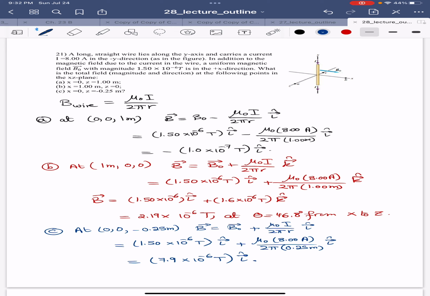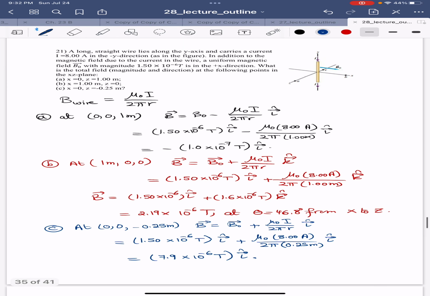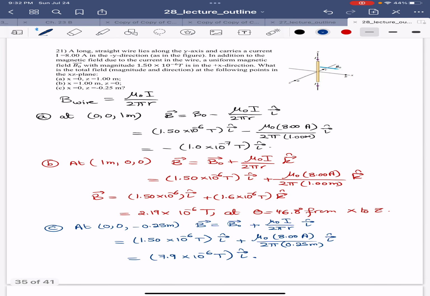Okay, and then here I have the points, and first I need to set my equations, and then I'm going to go back to the B wire. It is μ0 times I divided by 2πr, and then at 0, 0, 1 meter, B is going to be B0 minus μ0 I over 2πr.